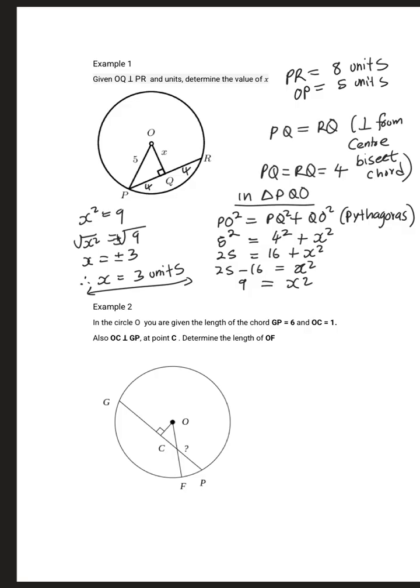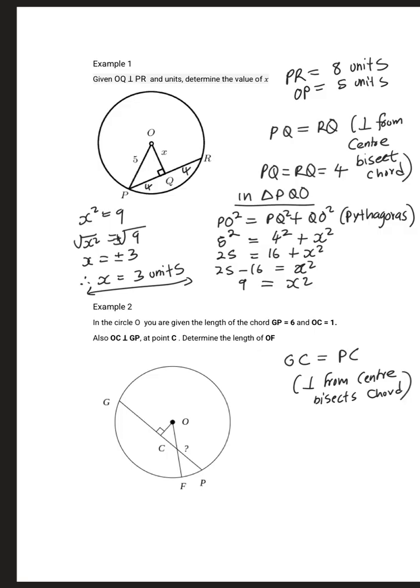So again, you're going to say GC is equal to PC. Reason: perpendicular from center bisects chord.